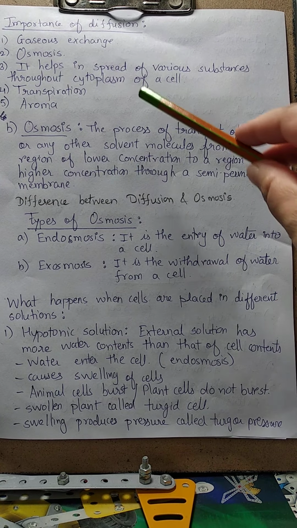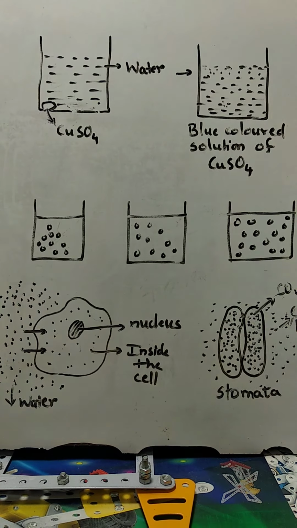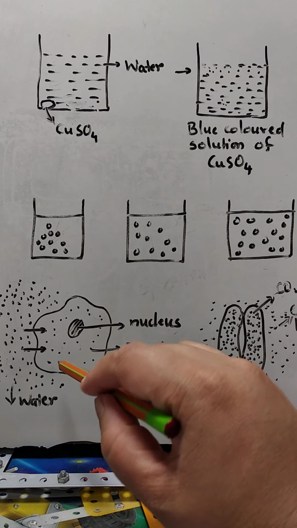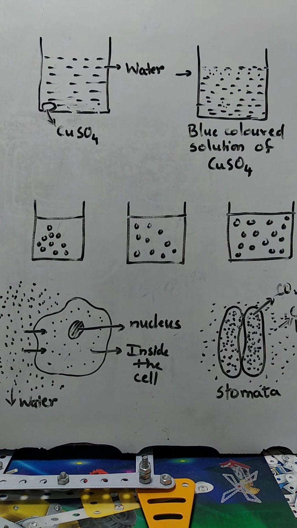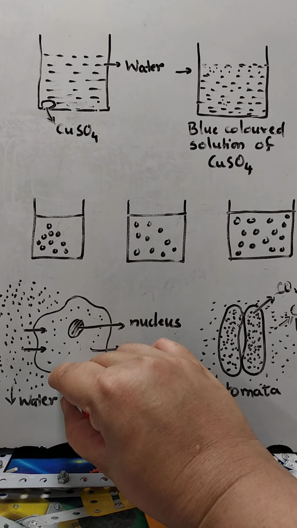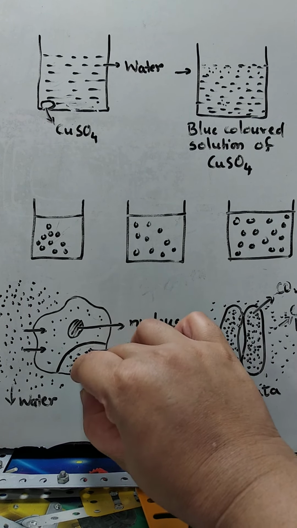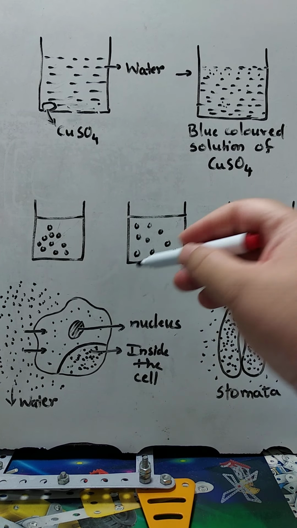Then it helps in spread of various substances throughout the cytoplasm of a cell. What does this mean? See, this is a cell, any cell. So suppose in this particular region of a cell the concentration of water molecules becomes more, right, in the cytoplasm, and in the other region it becomes less.